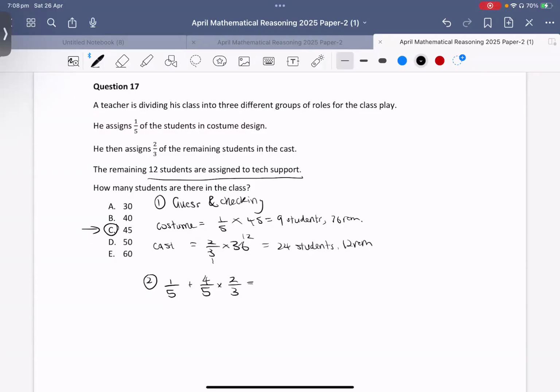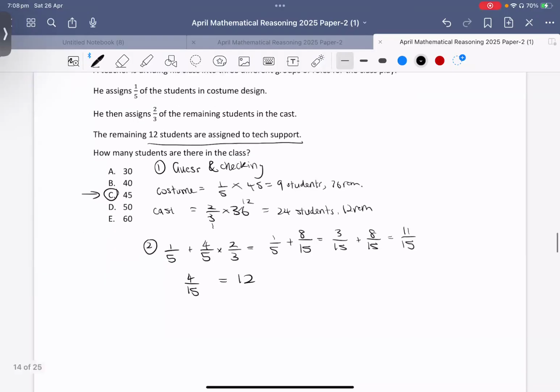So we know that this is what, 1/5 plus 8/15, which is the same as 3/15 plus 8/15. And we know that equals to 11/15. So these are the 11/15 students which have been assigned to either costume or cast. So we know that 4 out of 15, aka the remaining students, equals to 12.